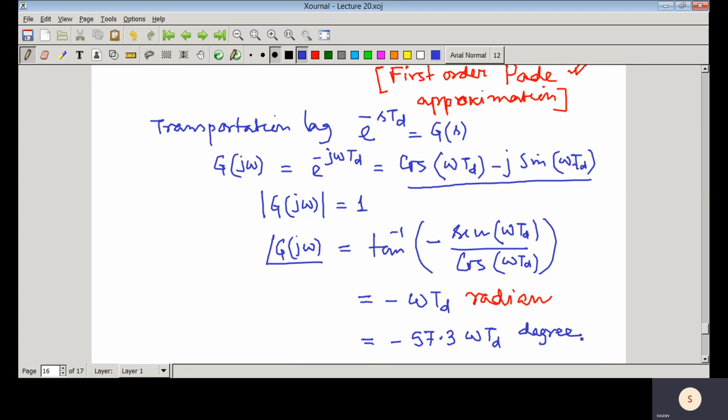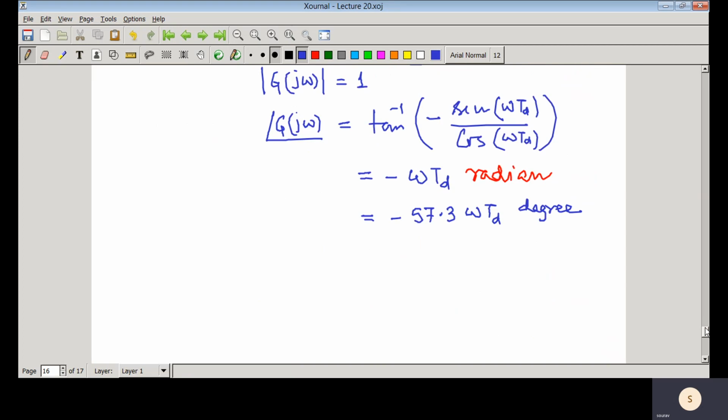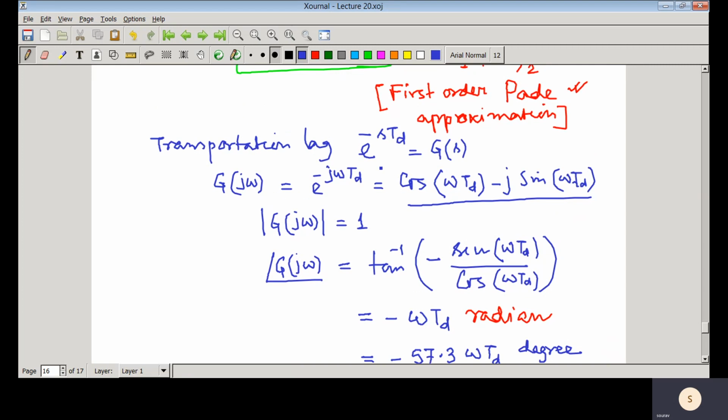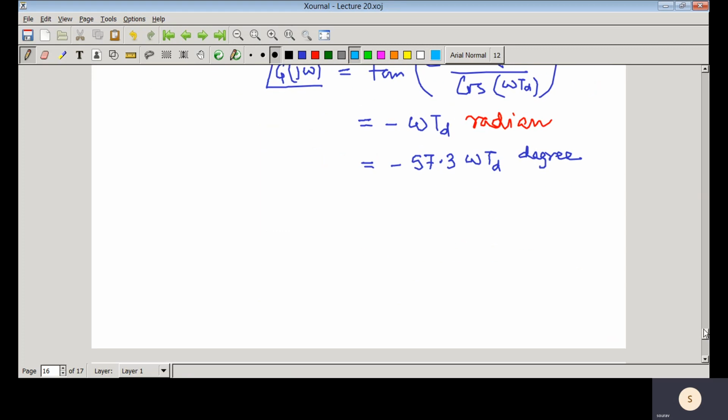So this is the expression that we would have in the case of the transportation lag. Let us see, if you are asked to draw the gain and phase for the transportation lag transfer function, because this is the transfer function that you have seen, G(s) equals e to the power minus s Td. So what would be that plot?